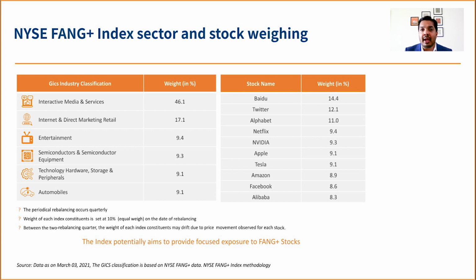For example, we are looking at the Feb end data, and here we can see that Baidu has a weight of 14.4%, Twitter has a weight of 12.1%, and Alphabet has a weight of 11%, whereas other stocks are just below 10%. And that is because Baidu, Twitter, and Alphabet performed relatively well compared to the other stocks, and that is why their weights have increased.